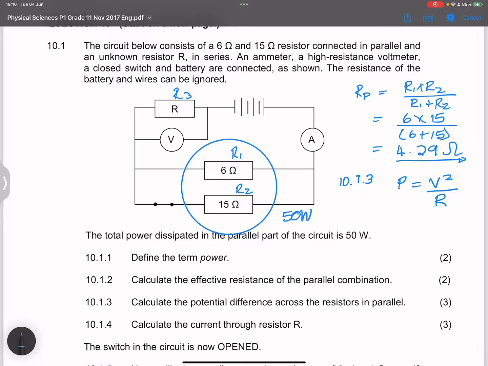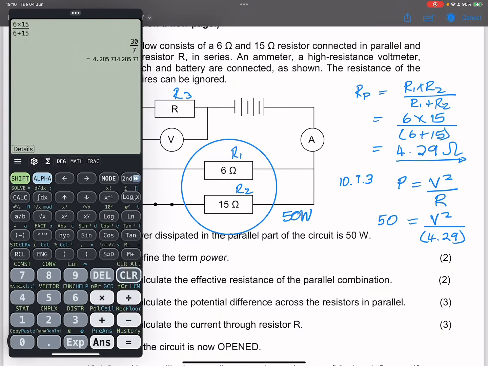So this is going to be 50. I'm looking for the voltage and I know the resistance was 4.29. Okay, so let's cross multiply. So I'm going to have 50 times 4.29. Okay, and because I'm looking for V, I need to take the square root of that answer.